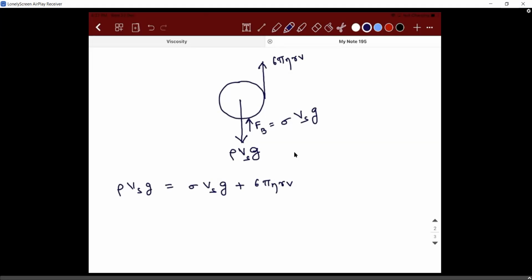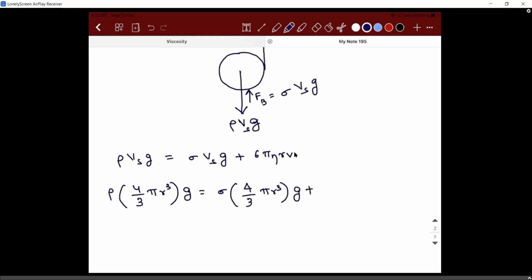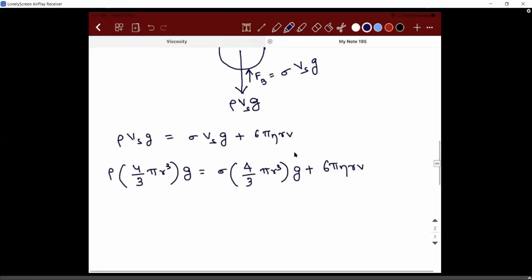It's a sphere. What is the volume of the sphere when you know its radius? 4 by 3 pi r cube. So rho into 4 by 3 pi r cube into g is equal to sigma, the density of the liquid, into the volume of the solid, still 4 by 3 pi r cube, into g, plus 6 pi eta r into v.